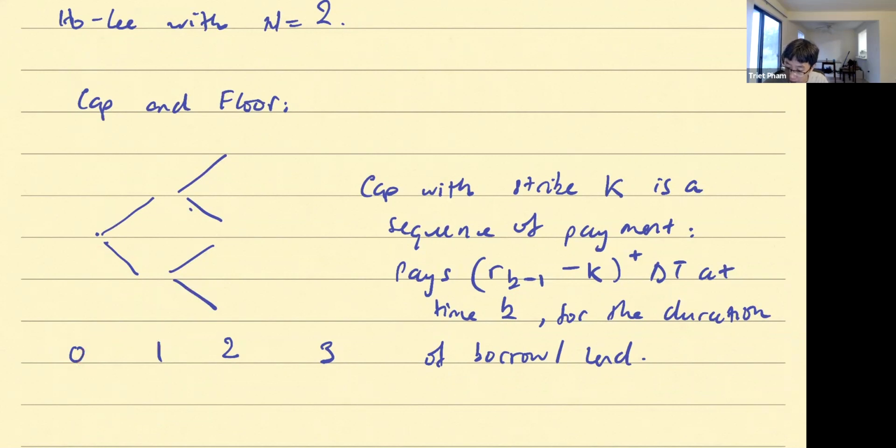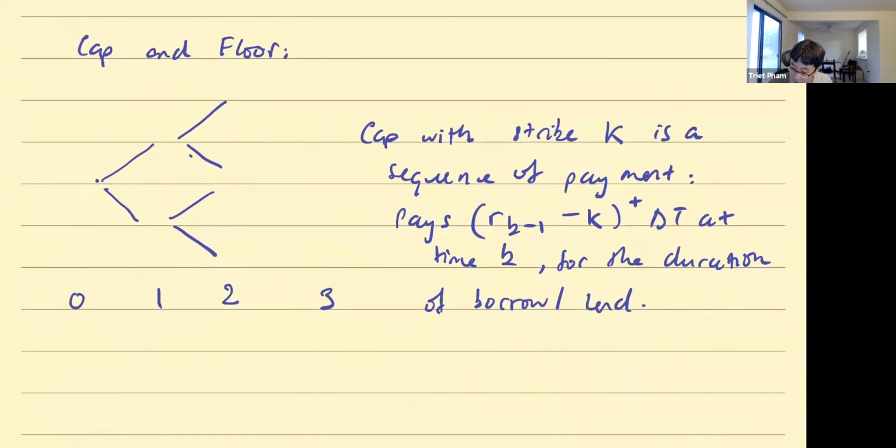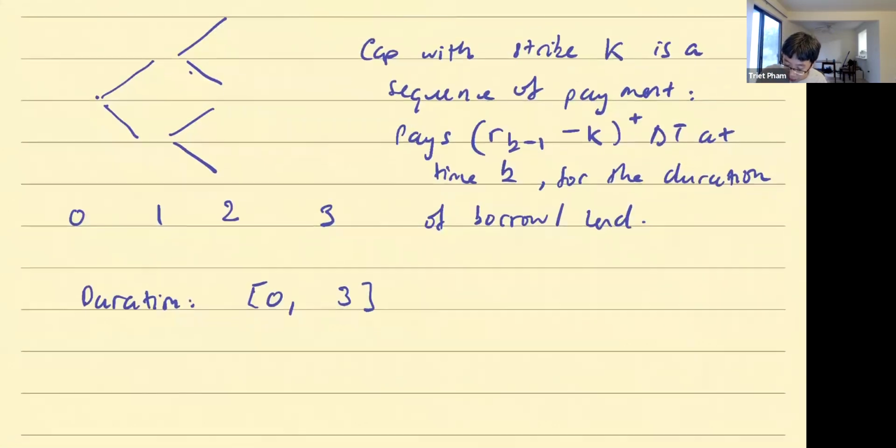So let's say, right, let's suppose that the duration, right, of borrow or lending is exactly 0, 1, 2, 3, right? Suppose our duration, right, the period is from 0 to 3, okay? Or rather, yeah, 0 to 3, because it goes from there, right? So what happens is, right, you will receive the following.